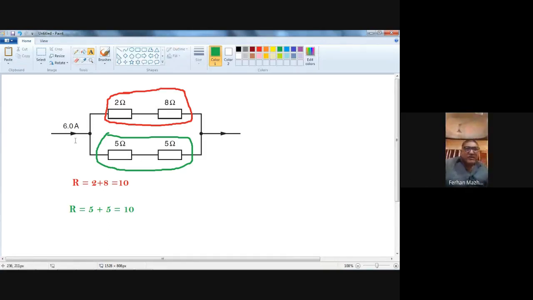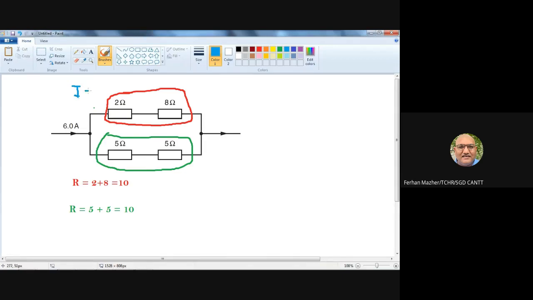So this current which is coming from the battery is 6 ampere. Because both the branches have equal resistance, the current will be equally divided. So the current flowing through each branch will be, I think, 3.